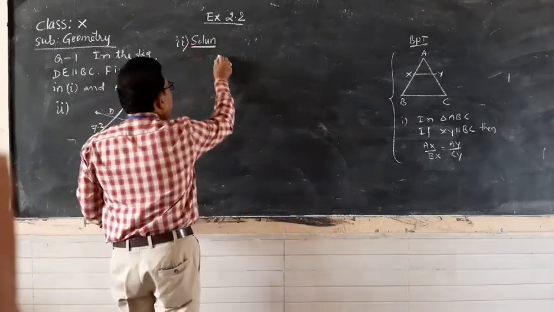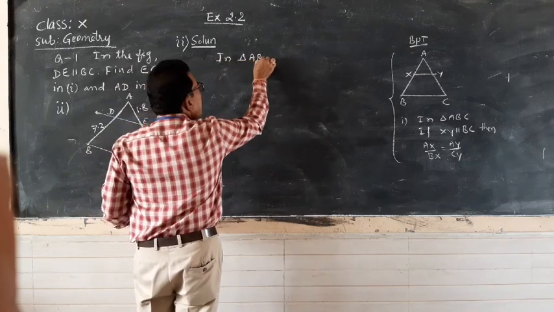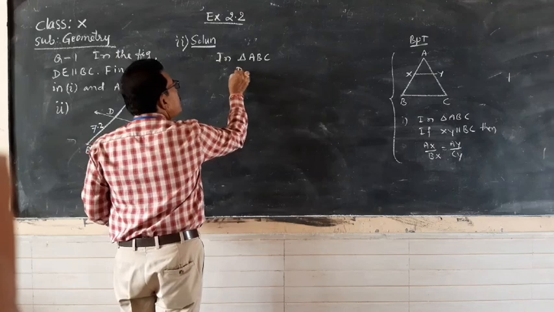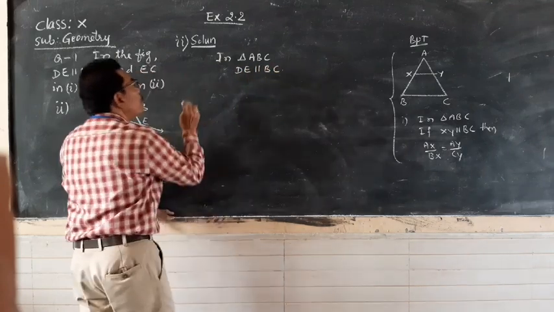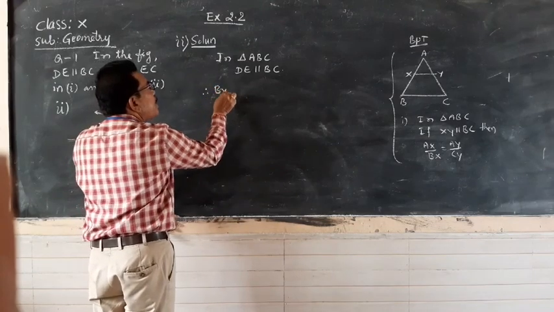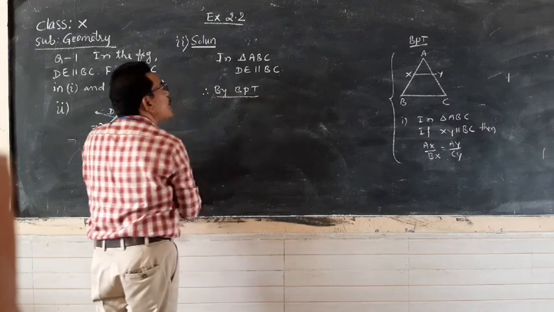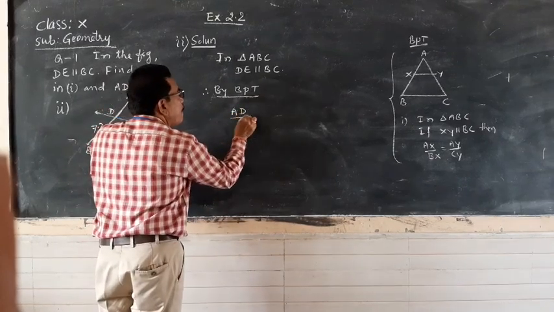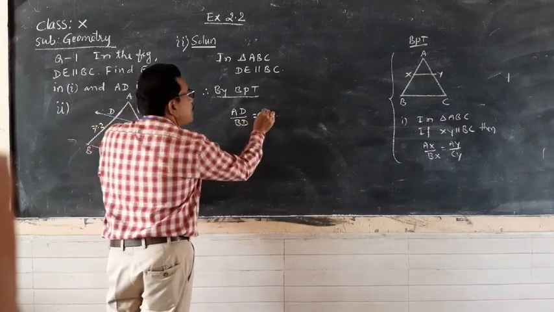See, in triangle ABC, DE is parallel to BC. Therefore, by BPT, the basic proportionality theorem, AD by BD equals AE by CE.